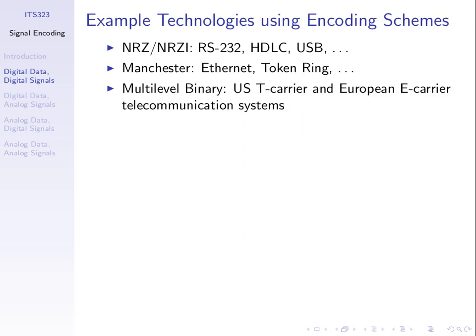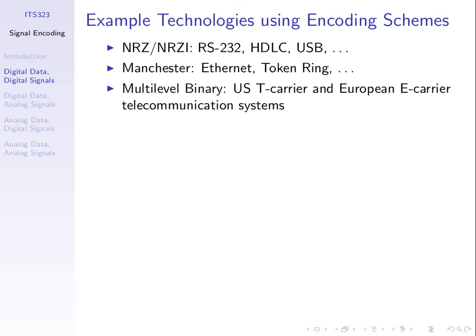Some more examples. Where are they used? RS-232 and USB, the technologies for sending across cables, use non-return to 0 in its variants. Manchester encoding is used in LANs, so when I plug the LAN cable into my laptop, I transmit a digital signal to the receiving device, encoded using Manchester encoding.